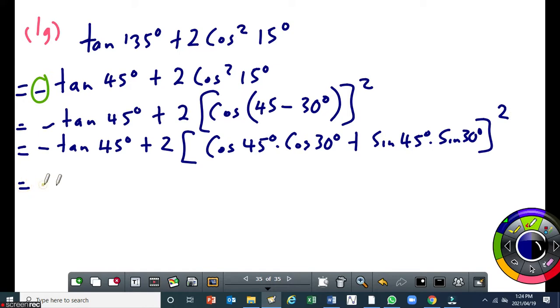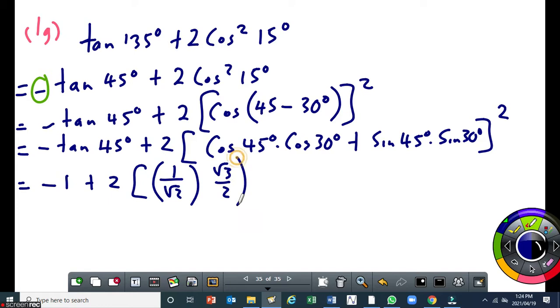Let me simplify now. Minus tan 45 is minus 1 plus 2 times cos 45 is 1 over root 2 times cos 30, that's root 3 over 2, right, plus sine 45 is 1 over root 2 times sine 30 is a half.